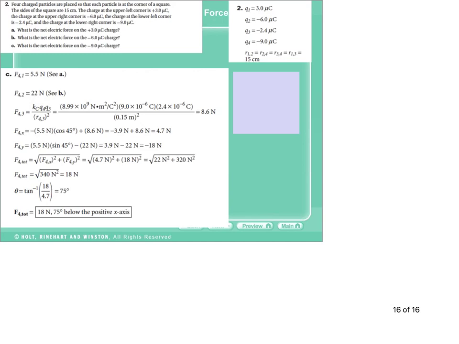And part C. We went through and just got the same stuff we had before, what we have from the book. And like before, we had Q1 here, Q2 here, Q3 here, Q4 here. This time we're wanting the 9.0 charge, which is our Q4, so we're trying to find what's happening to Q4. And like we did on the first two problems, Q1 was positive, the other three were negative.